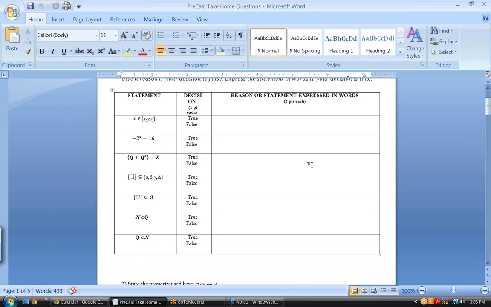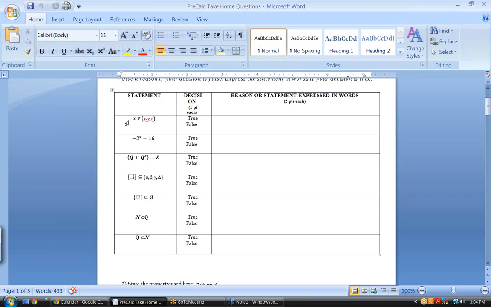I certainly know a few of these. Is X a member of the set X, comma, Y, comma, Z? Let's see. So the first one, it's saying X is a member of X, Y, and Z. Is that what it's stating? Well, like I said, set theory is not part of the Common Core of pre-calc.